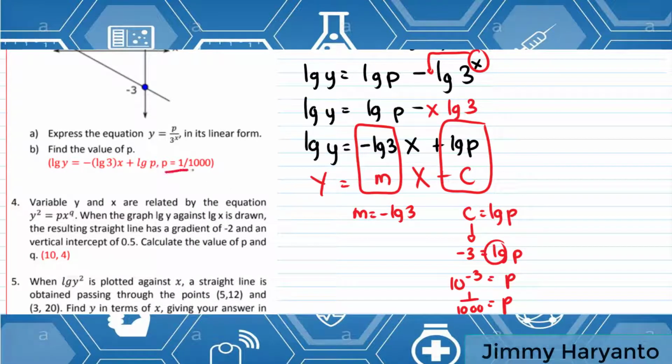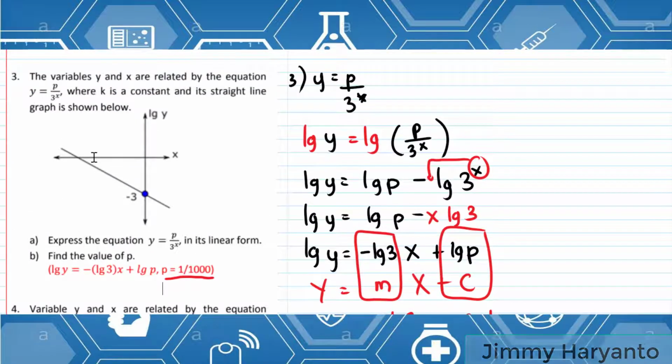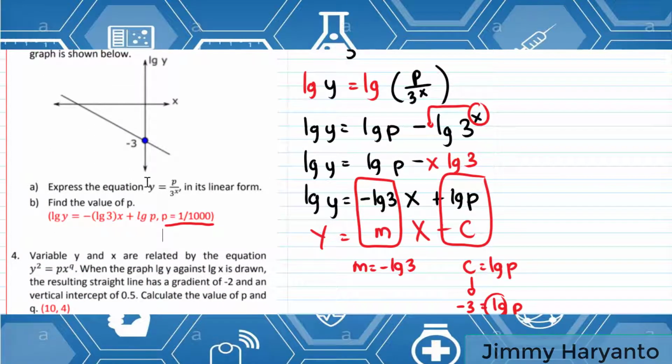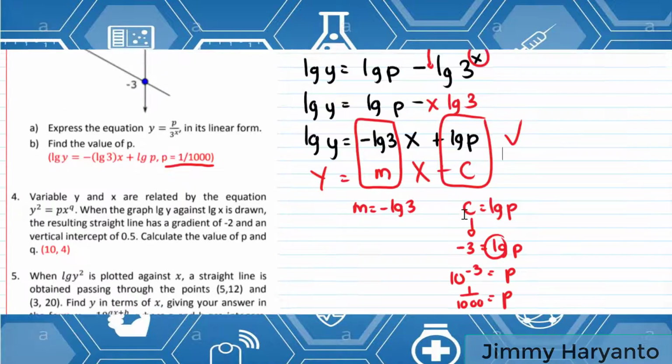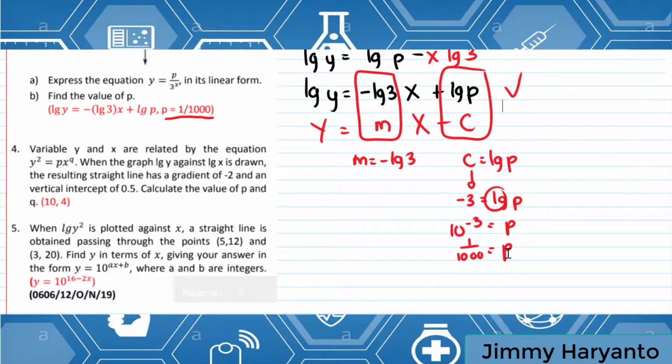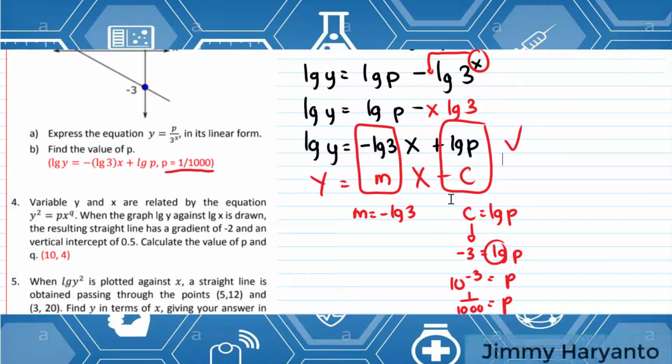Okay, P equals 1 over 1000 is already correct. And then the next is express the equation y equals in linear form. Already this one, the answer for A. And then value of P is 1 over 1000. There you go, that is the answer for number 3.